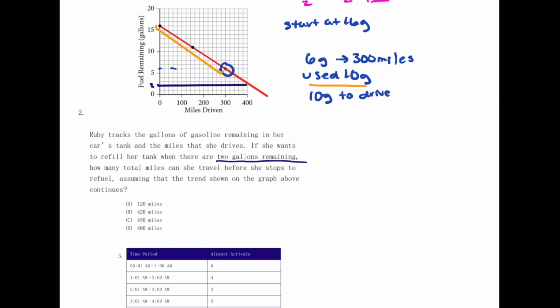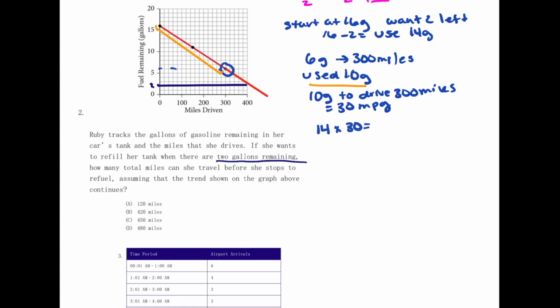And that can be seen in this orange line here. So what this means is that she is using 30 miles per gallon of gas. So she's going 30 miles for every gallon of gas that she uses. If we want to wait until she has 2 gallons left, we can see this line in purple that I added to the graph, because that's going to be when she has 2 gallons left.